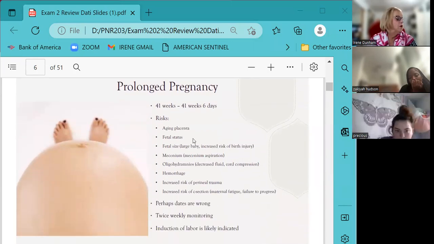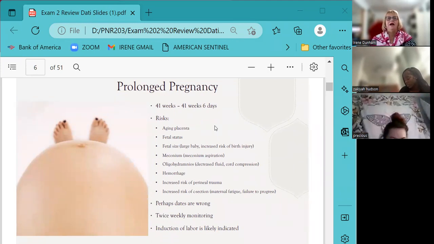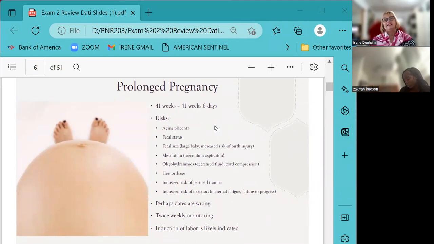Then on the other hand, I go from preterm, I go to prolonged pregnancy. All right, so a prolonged pregnancy is a pregnancy that goes to 41 weeks and 6 days. So what's my risk on having a pregnancy go so far? Well, you have a placenta.